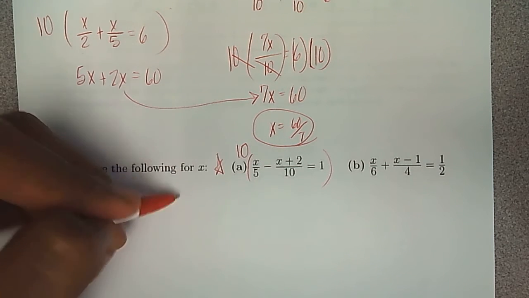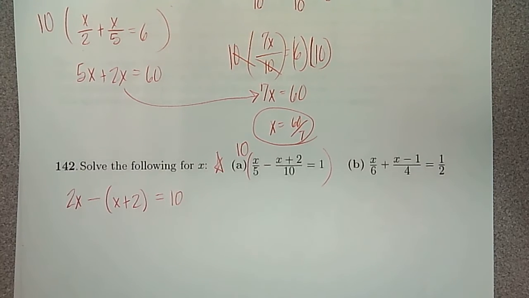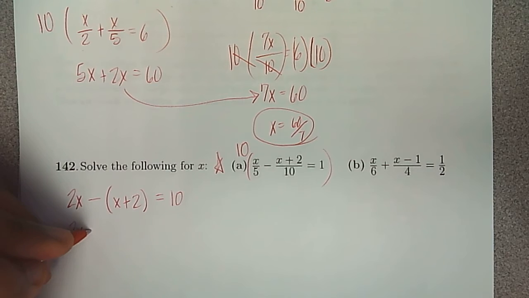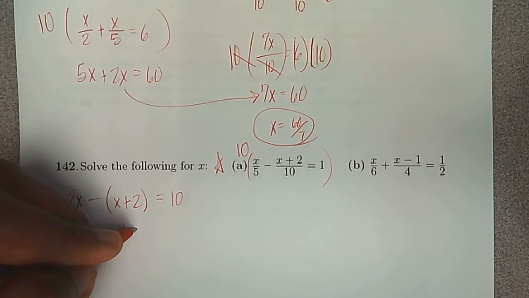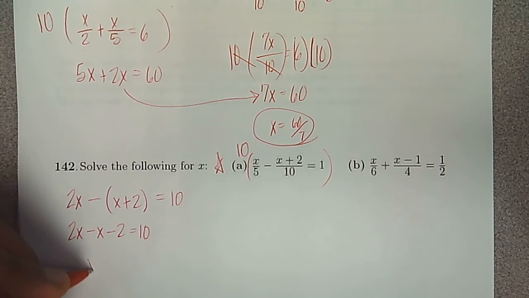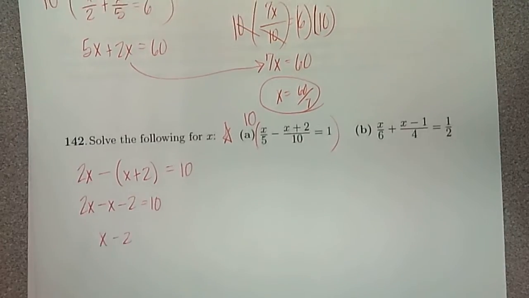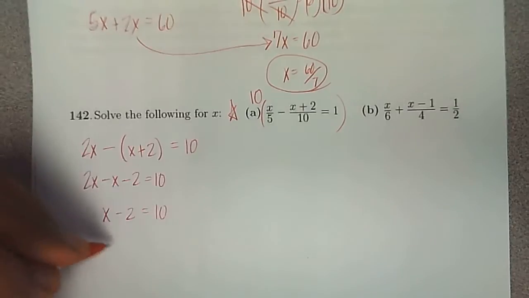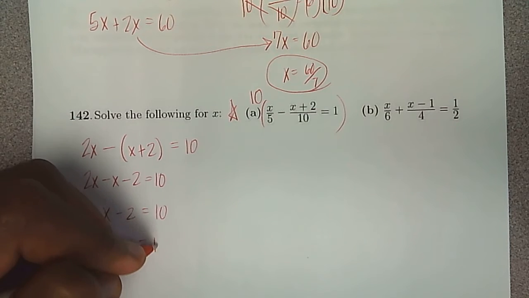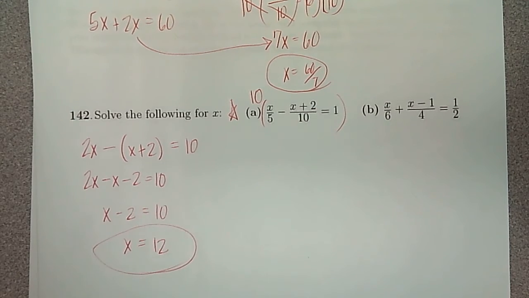Equals 10 times 1, which is 10. So this is 2x minus (x minus 2) equals 10. So this is x plus 2 equals 10, which gives x equals 8. Makes sense to me.